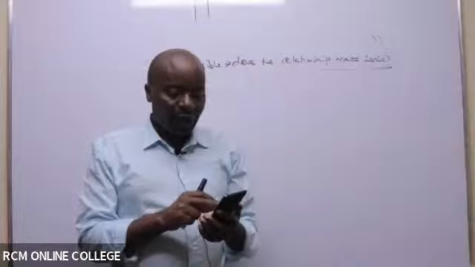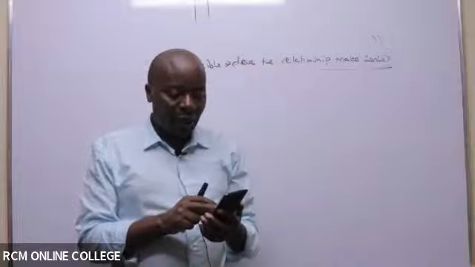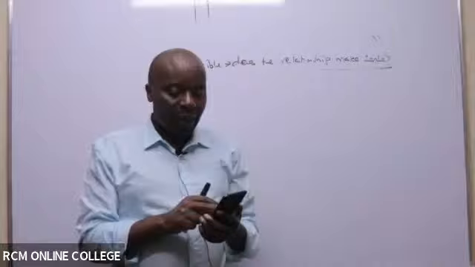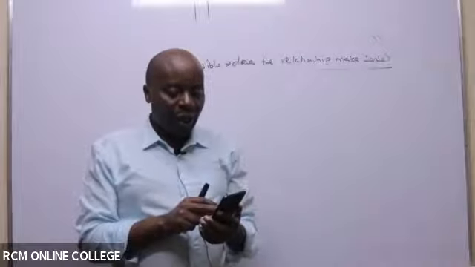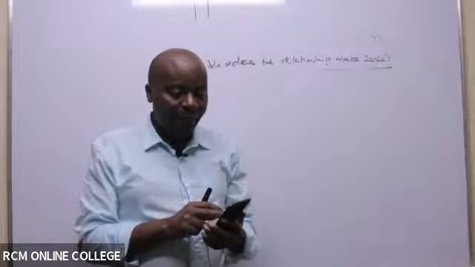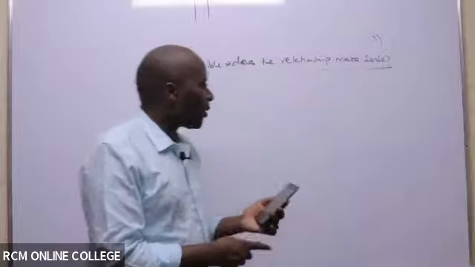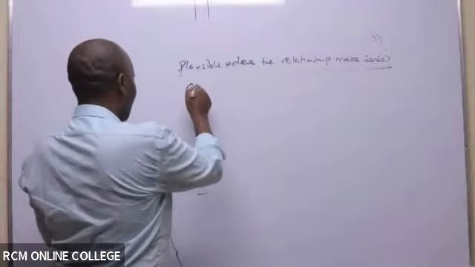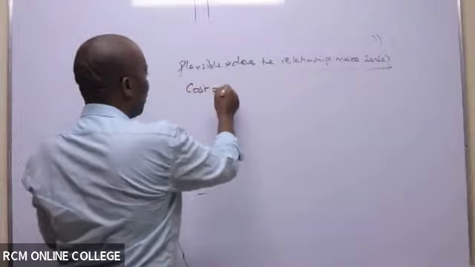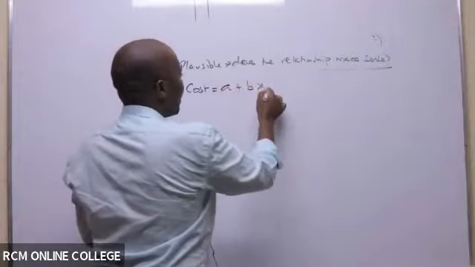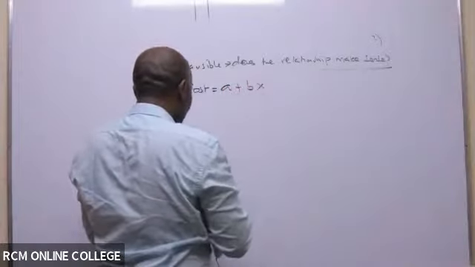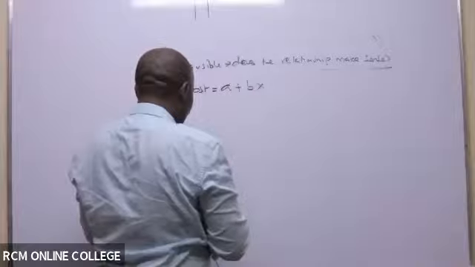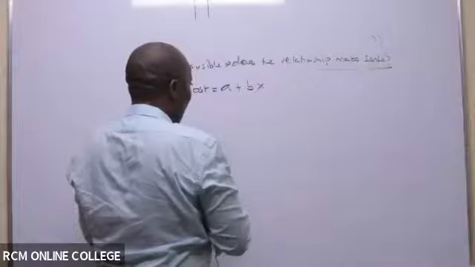The process of estimating the fixed cost and variable cost components associated with the company's repair activity using the cost estimates. They have told us the equation is y equals a plus bx. So we have cost equals a plus bx, where x is the number of hours.